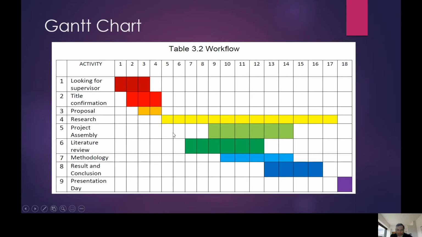And for project assembly, it begins from week 9 until week 14. And literature review, week 7 until week 13. Methodology is followed by week 10 until week 14, and result and conclusion until week 16, and the last week of my final year project, week 18, is for presentation day.